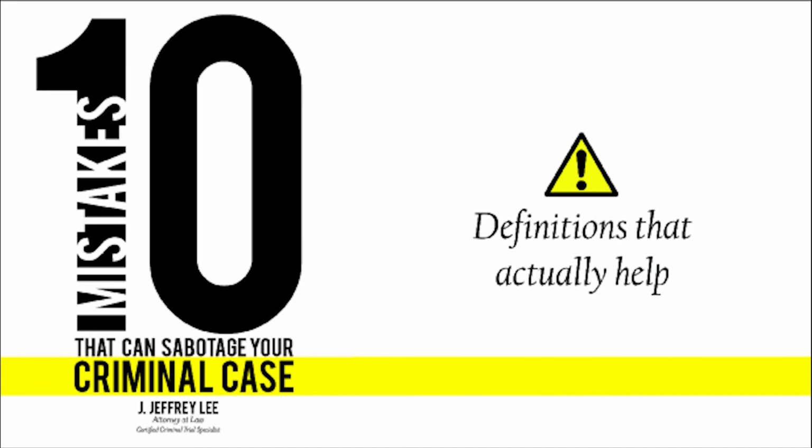Restitution. Money that must be paid to reimburse the victim for loss or physical property. Search. A search occurs when a reasonable expectation of privacy is infringed. Search warrant. A court order that allows law enforcement to conduct a search for evidence.